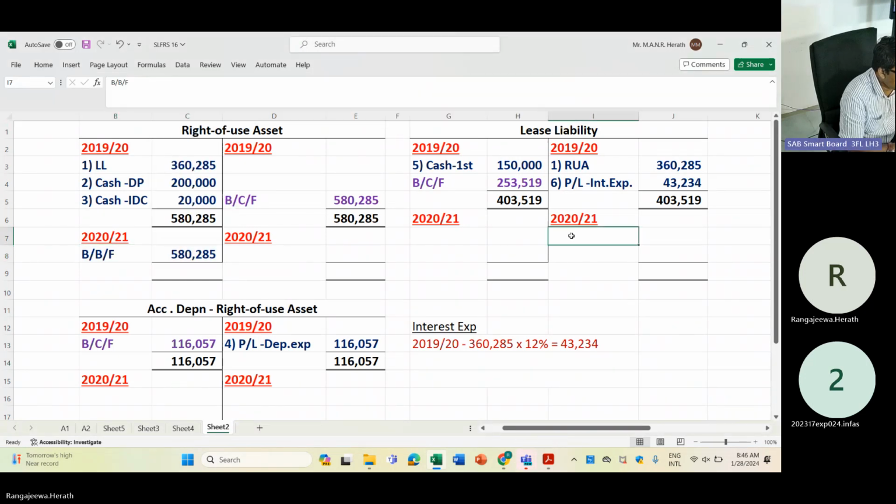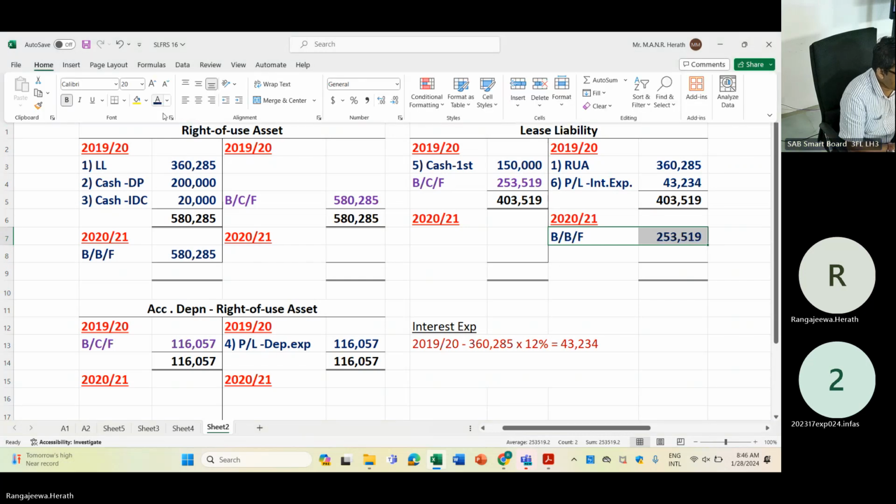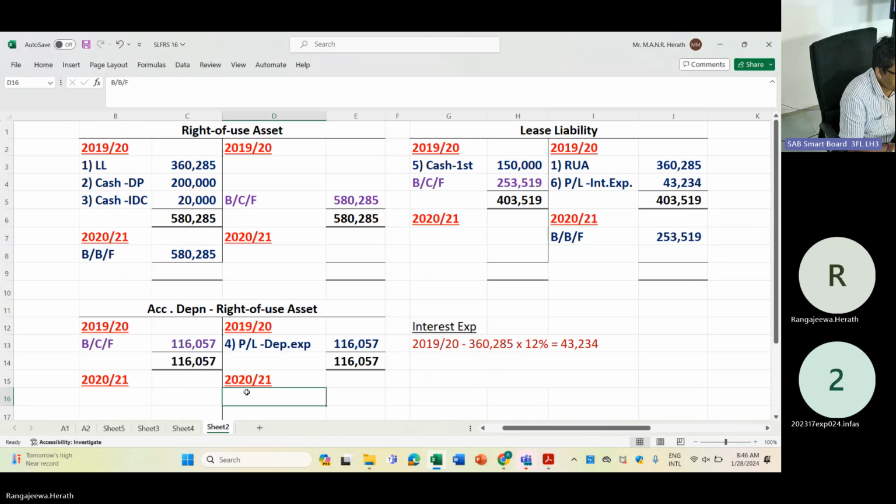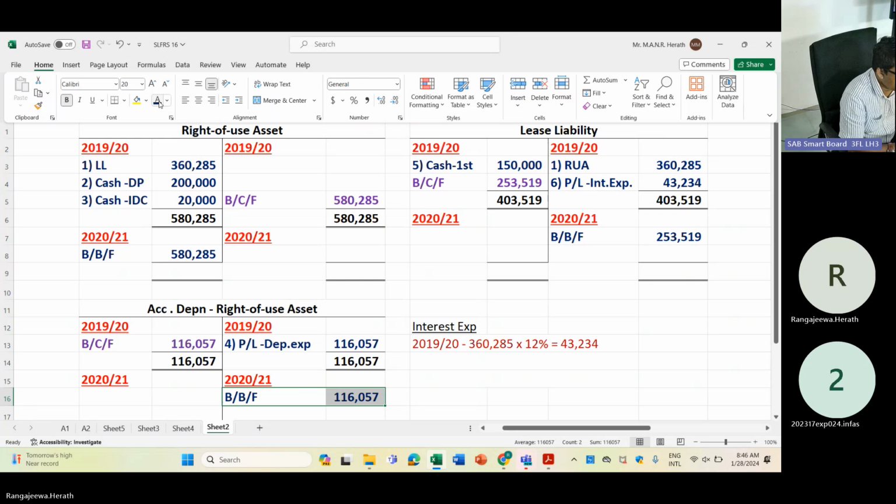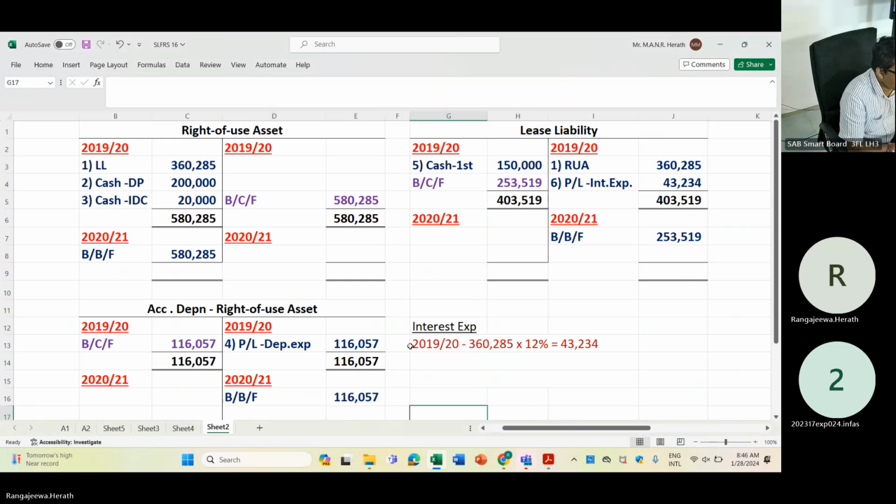Lease liability, we have an opening balance of 253,519. And accumulated depreciation, we have 116,000. Now for the second year, we can also do the depreciation first.